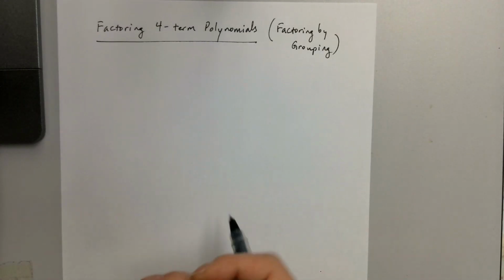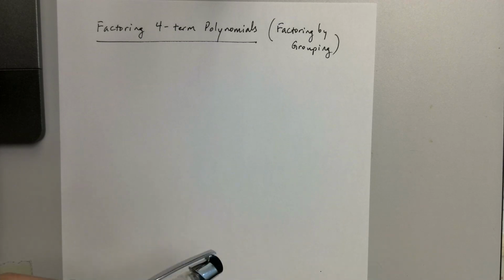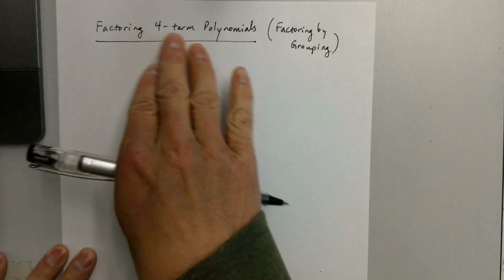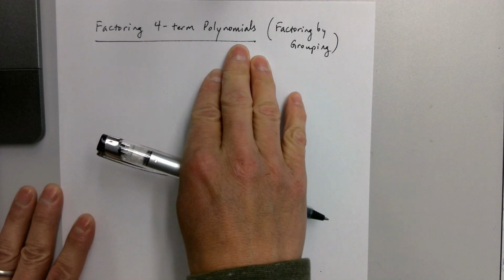We have factored binomials by using GCF and also using the difference of squares pattern, and we have factored trinomials that fit the perfect square trinomial pattern. We are going to use some aspects of those two types of factoring when we factor four-term polynomials.